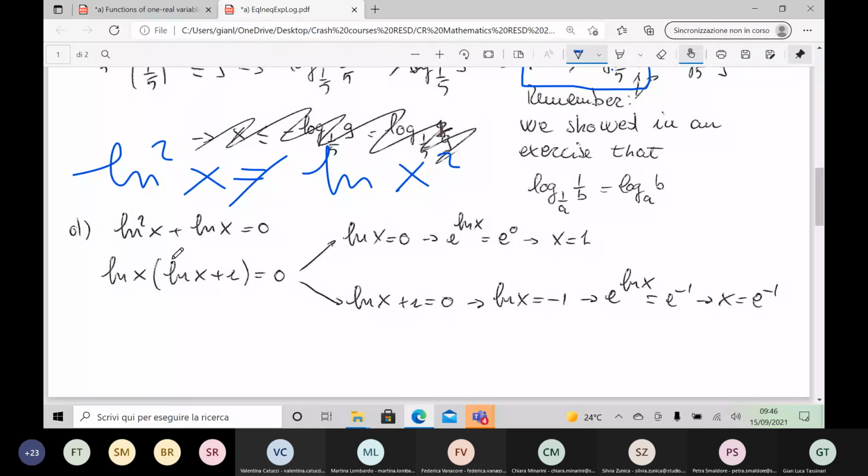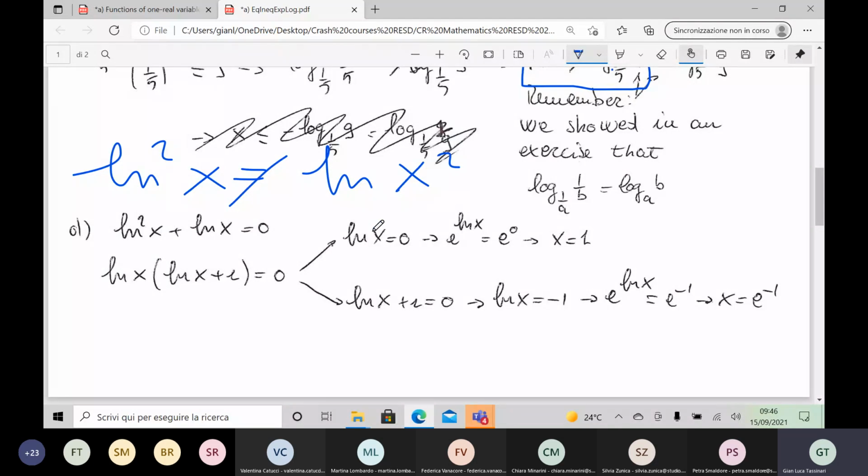Okay. How can you solve this equation? Well, when you solve an equation, you want to get x equal to something, but x in this case is the argument of the logarithm. How can we transform this expression in order to get x equal?